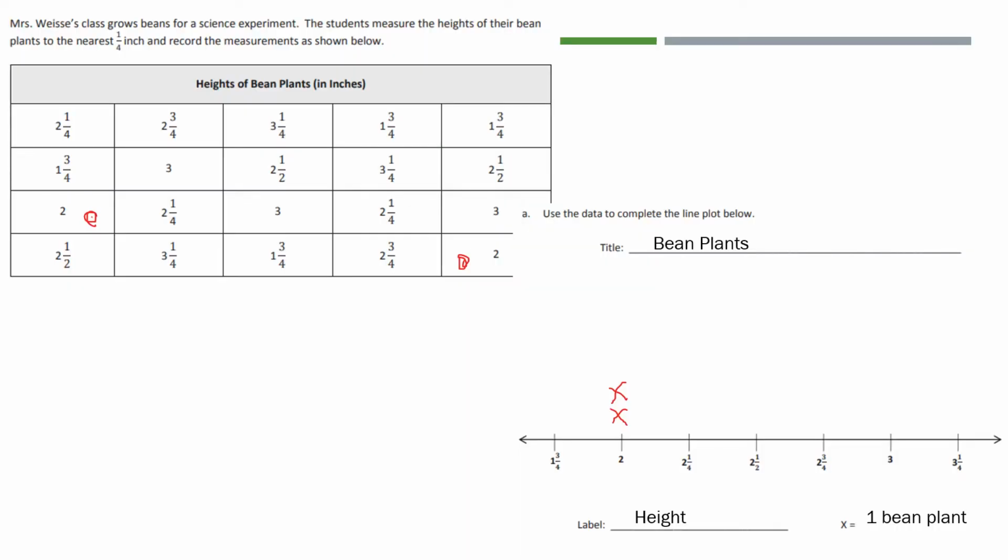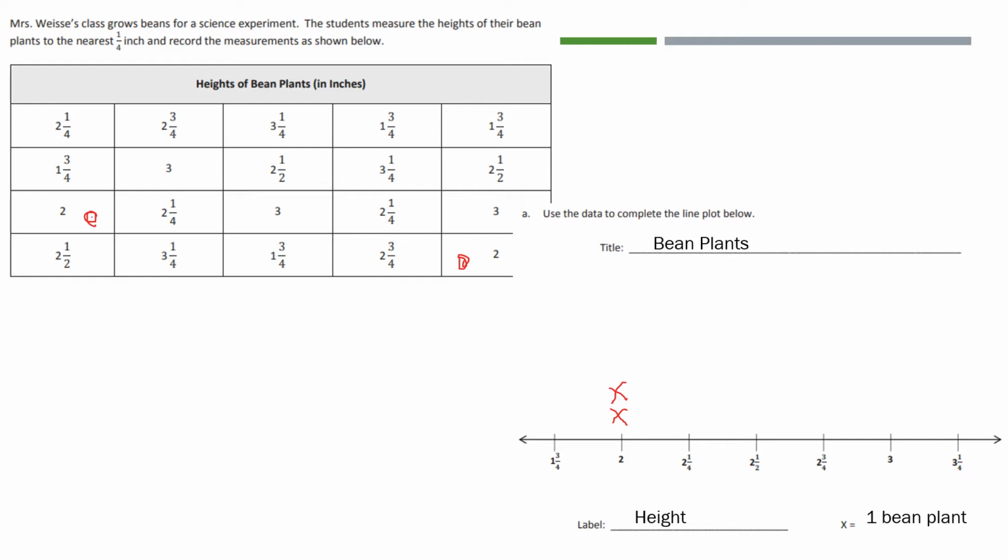All right, so for this first problem, what we're going to be doing is creating another line plot, another graph. So this says Mrs. Weiss's class grows beans for a science experiment. The students measure the heights of their bean plants to the nearest quarter, 1/4 inch, and record the measurements as shown below.